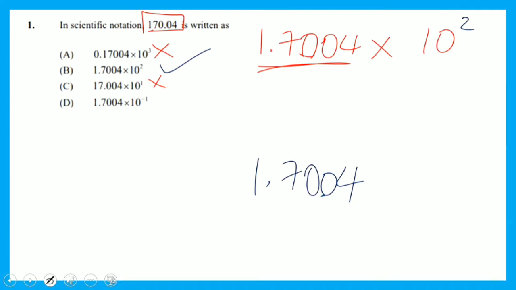Generally, persons just go, since it would need to be 2 more places to the right, then okay, I'll just multiply by 100, which is 10 squared. So persons have different ways of looking at it. Whichever way is comfortable for you, that is good. But the aim is always, how can I present this times a certain power of 10 to get back my original?